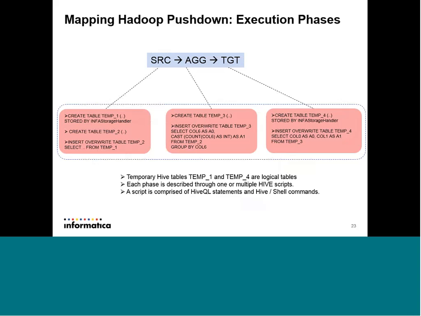In the transformation phase, the staged data is read and transformed in Hadoop using Hive operations and Informatica logic. And in the last phase, the load phase, the results of the transform phase are loaded by the Informatica adapters. Depending on the mapping logic, multiple Hive queries could be created, and these Hive queries will be converted into MapReduce jobs by the driver and sent out to the Hadoop cluster for execution of the mapping.